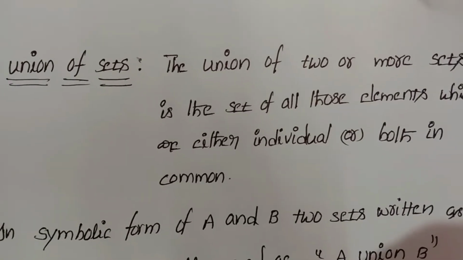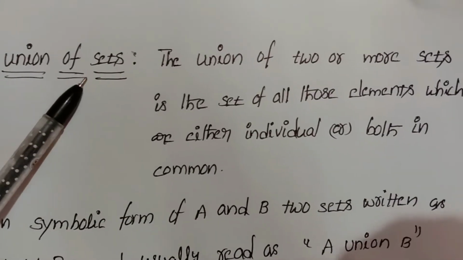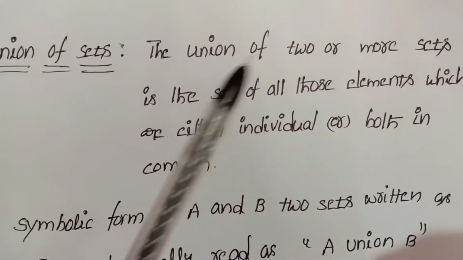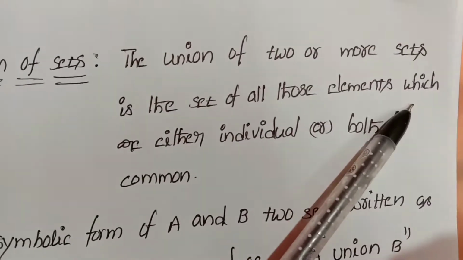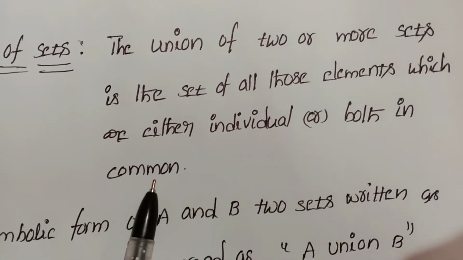Basic operations on sets. First type is union of sets. The union of two or more sets is the set of all those elements which are either in individual sets or in both in common.